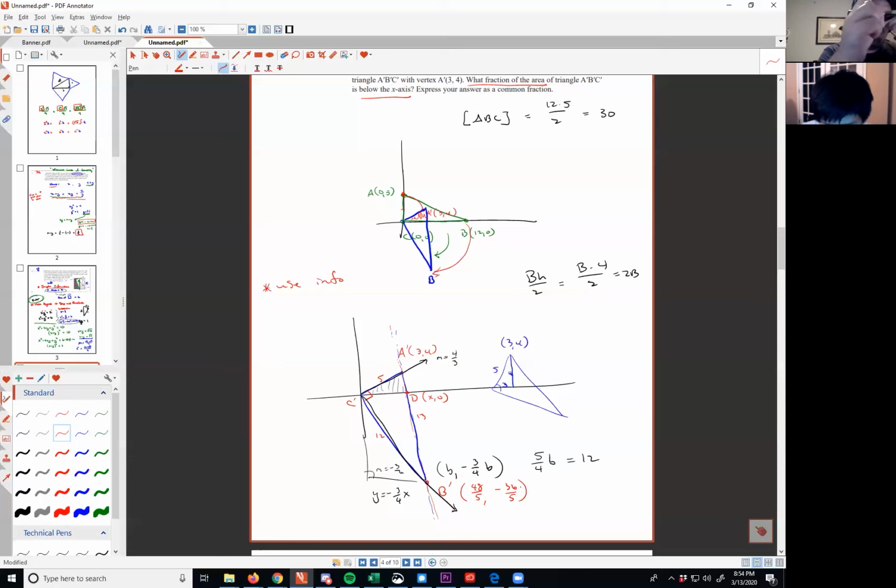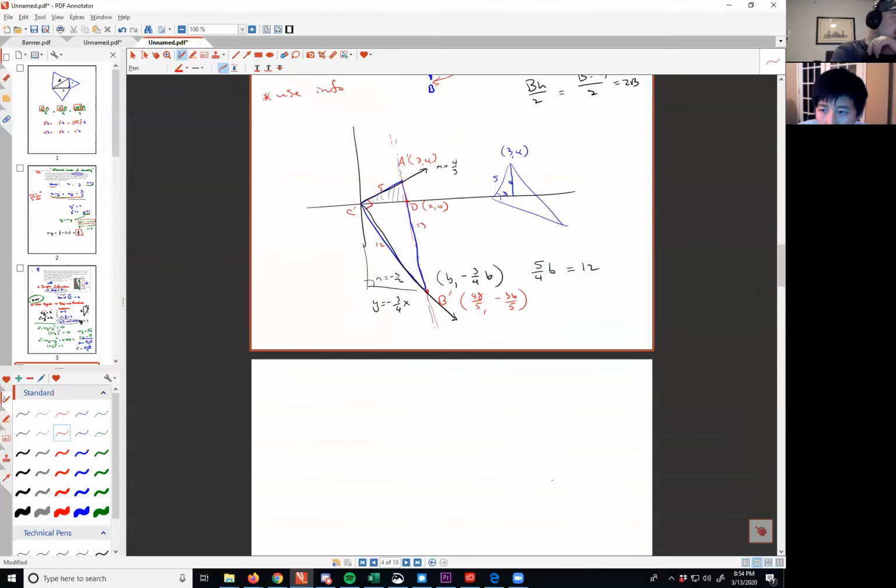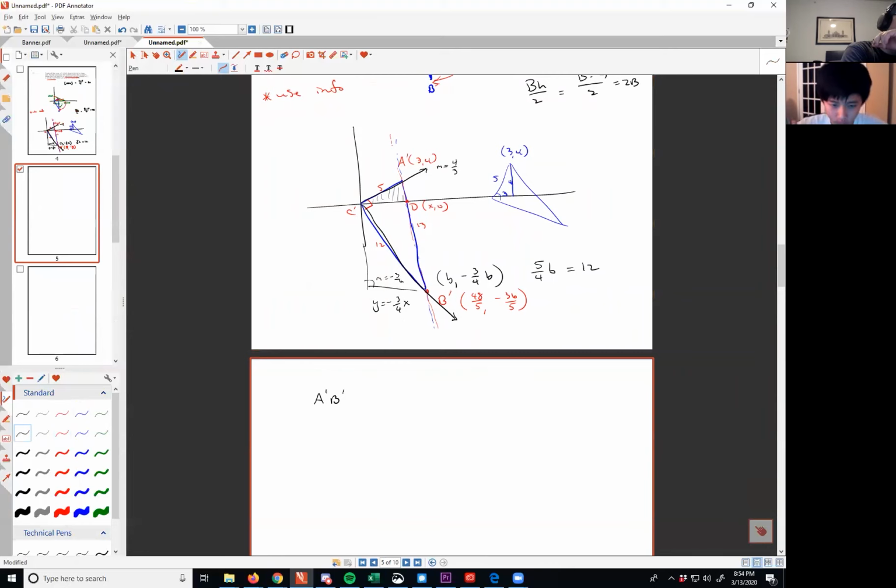And we have the x and y coordinates. So now we need a line that is A prime, B prime. How do we get the equation of that line? The y coordinate of one of them minus the y coordinate of the other one, divided by the x coordinates. What does that give us when we do y minus y?